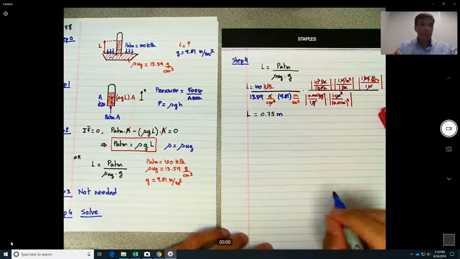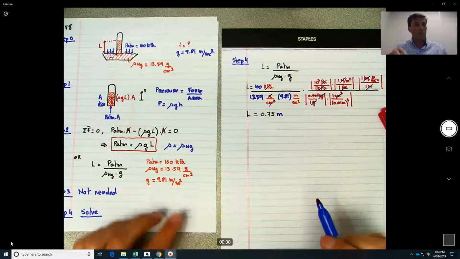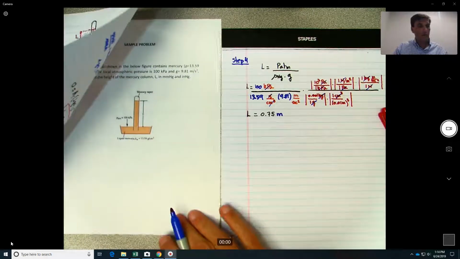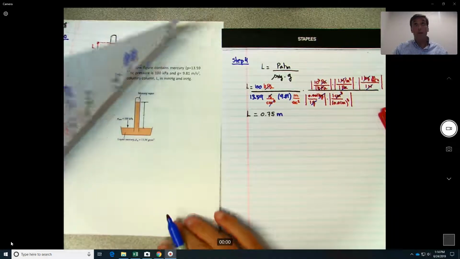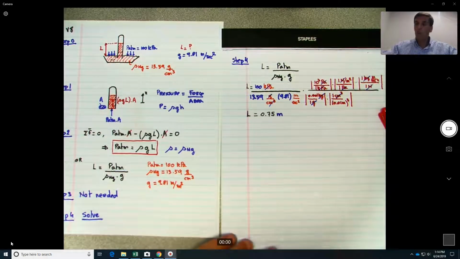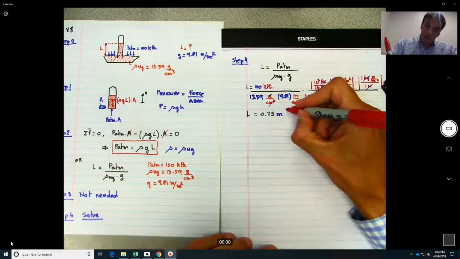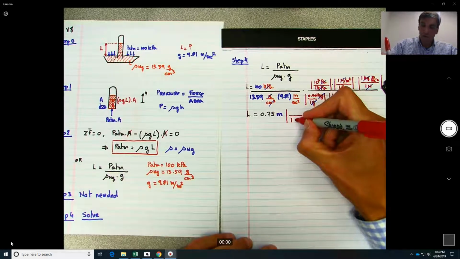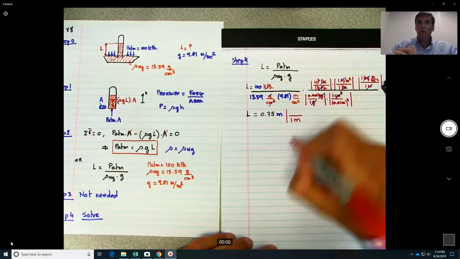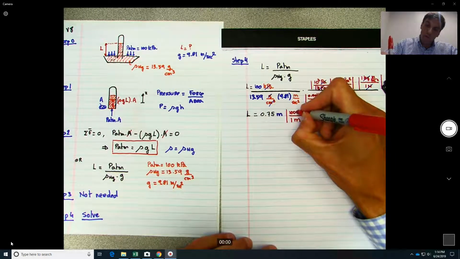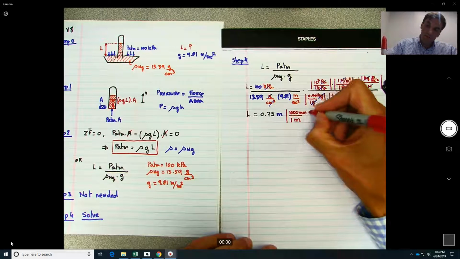Okay. But in the problem, they ask us to find the result in what? In millimeters of mercury over here. So again, we need to do one more unit transformation. So we do 1 meter will be equal to 1000 millimeters.